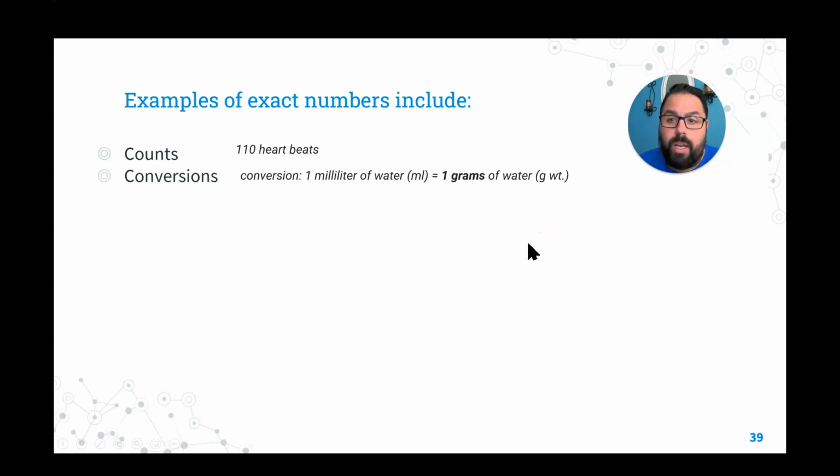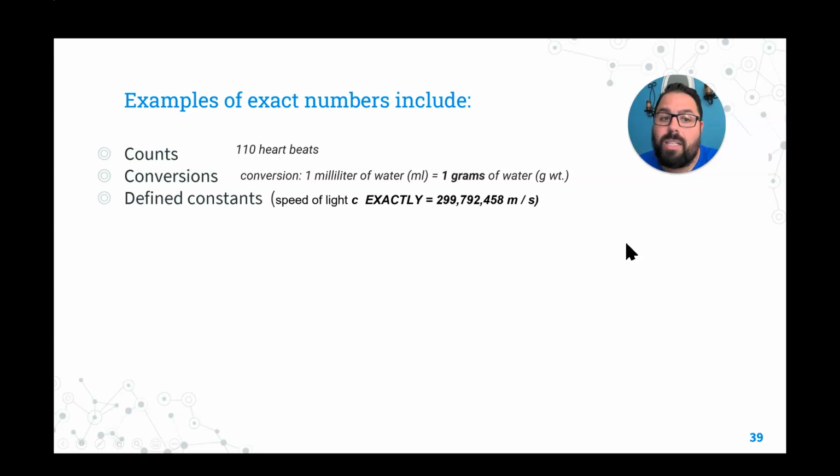There's one other example that's going to show up when we do some calculations, and that is defined constants. So when we did our example of the dimensional analysis, we were talking about the speed of light. The speed of light can be measured, but this is something that we've calculated with math.